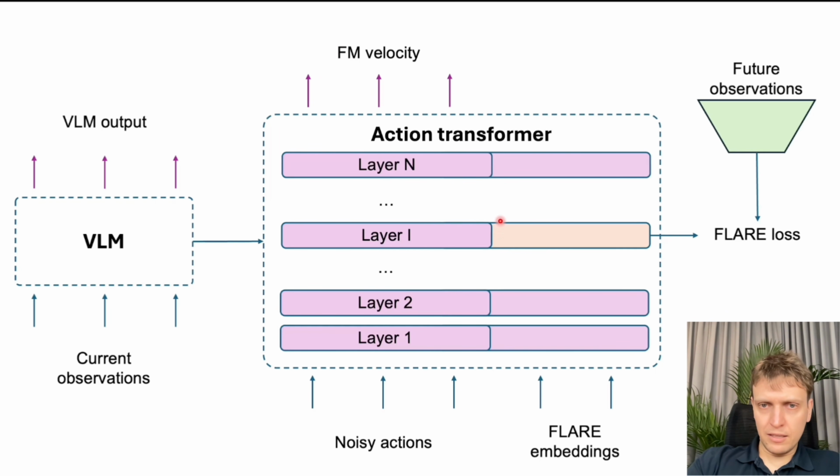But when you take this representation from some layer in the middle, or maybe close to the end but not the last one, it means that the last few layers are used exclusively for the noisy actions, and whatever happens here doesn't actually impact the loss.